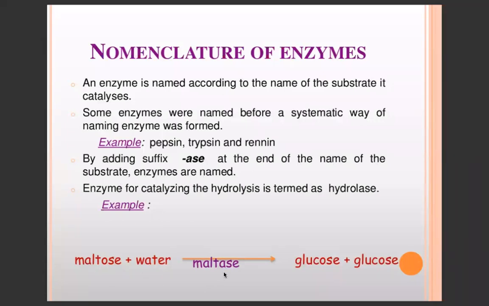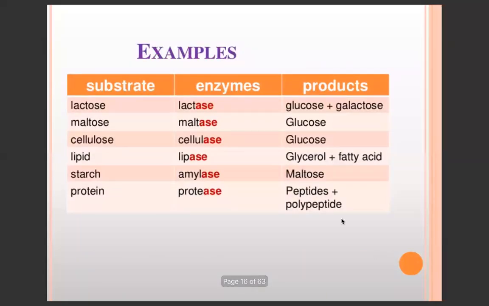So maltase is an enzyme which converts maltose to glucose. This is just the names of various enzymes and what they work on. Lactase works on lactose, maltase works on maltose, cellulase works on cellulose, lipase works on lipids, amylase works on starch, protease works on protein.